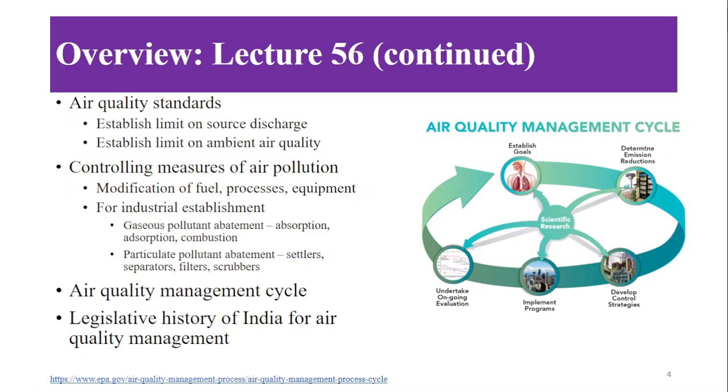Then we need to determine those emission reductions. Next, we need to develop certain control strategies to achieve those emission reductions and implement those programs. And finally, undertake ongoing evaluation to check whether the program implementations as well as the control strategies are effectively being used to meet these goals.